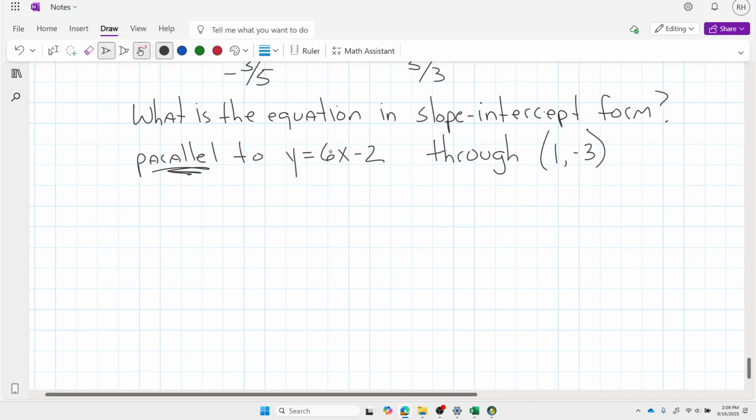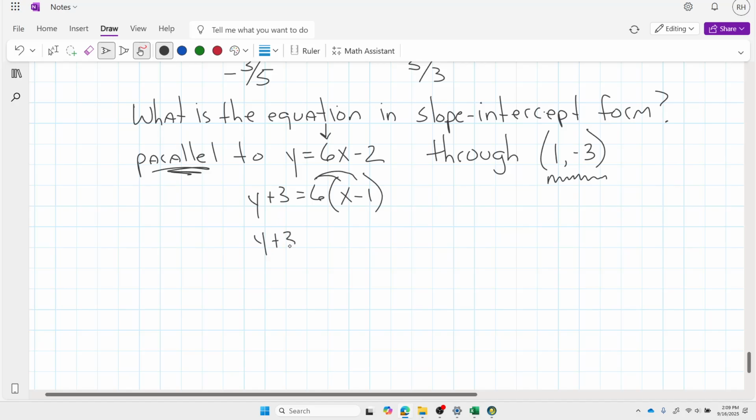All right. And we're going through a point. So we're going to write an equation in point-slope form that's got a slope of 6. And then we're going to simplify it to be in slope-intercept form. So point-slope form, we're going to say that y plus 3 equals 6 times x minus 1. We're going to do the distributive property on the right side.